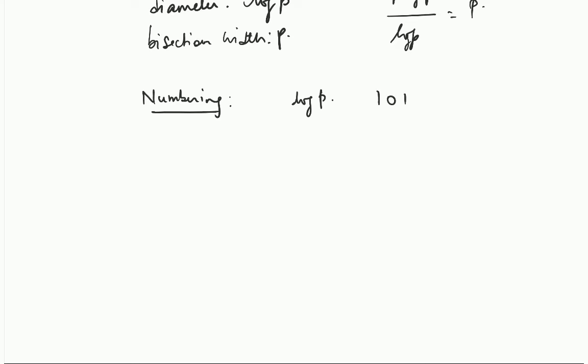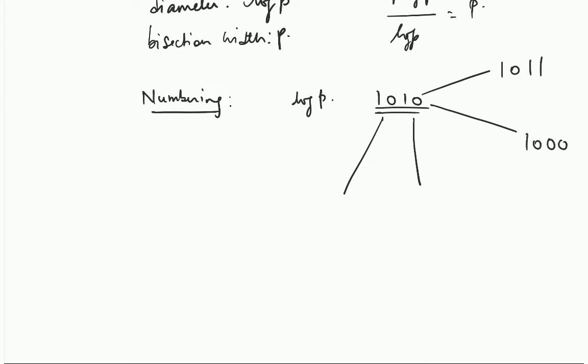So if a node is 1010, that's the ID of a node. How many nodes is it connected to? It's connected to log p nodes. In this case, it will be connected to 4 nodes, right? The 4 nodes it is connected to are the nodes which differ from it in exactly 1 bit. Okay, so the node 1010 will be connected to the nodes 1011, 1000, 1110 and 0010.